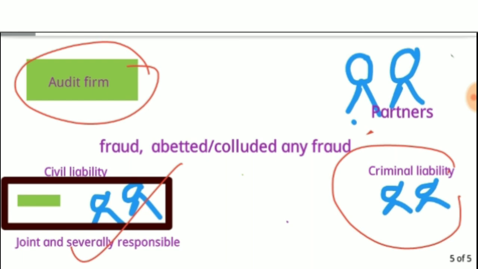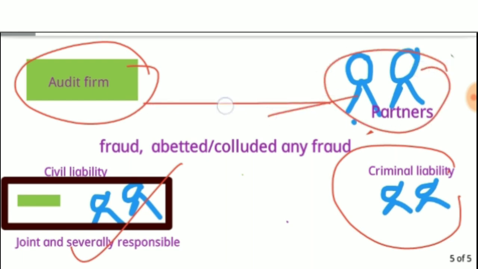Criminal liability means liability other than fine. So the partners as well as the audit firm have joint and several responsibility in respect of what? Civil liability. But on criminal liability, the concerned partners who have made such a default shall be liable. Okay.